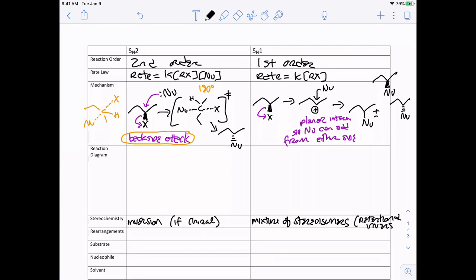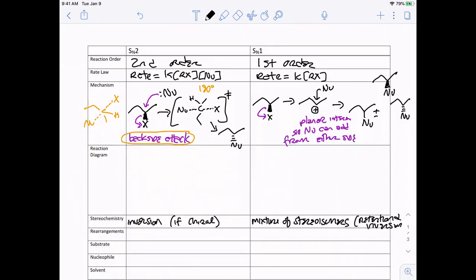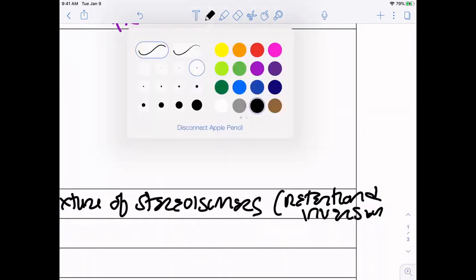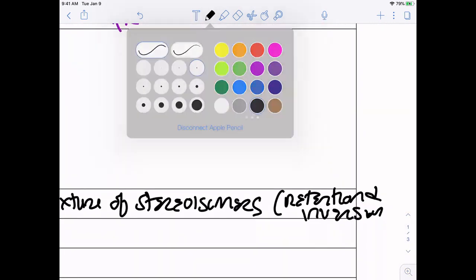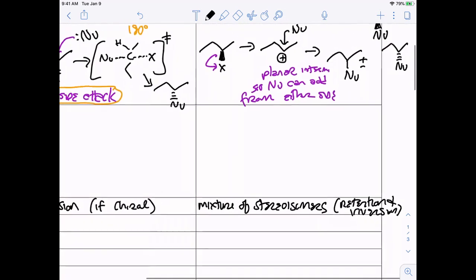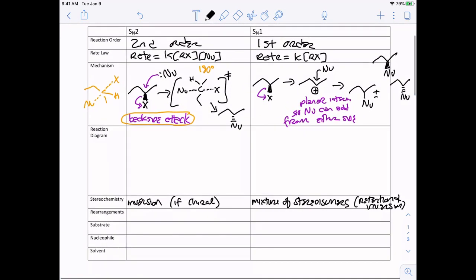Right? By retention, I mean it's the same as it was when we started. By inversion, I mean that I'm getting the opposite. So we're getting both the same configuration that we started with, and then the inverted product. Maybe we'll just make this a little bit bigger here.